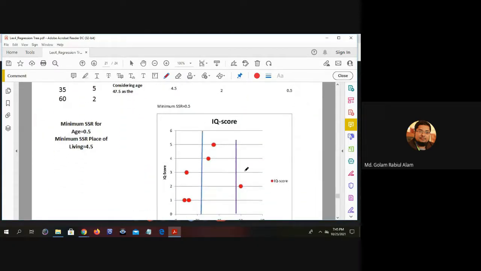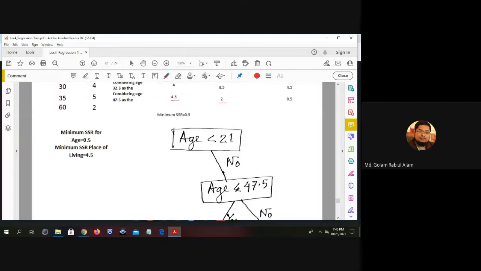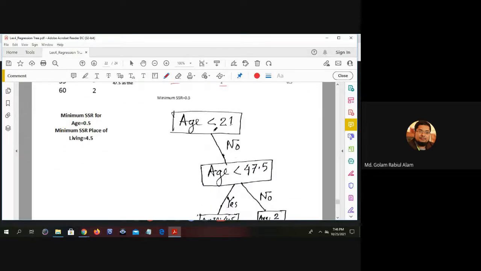If we plot that, then on the right side element again, if I apply this one, age greater than 47.5. On the right side, after age 21, we have to consider age 47.5 as the separator.